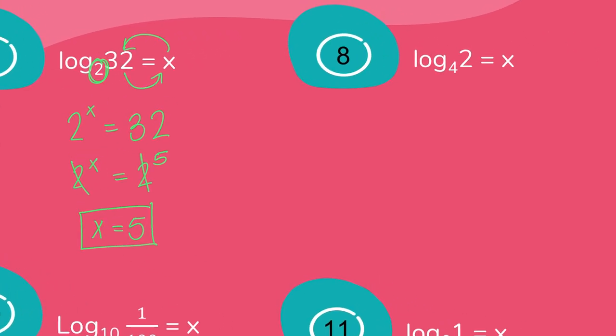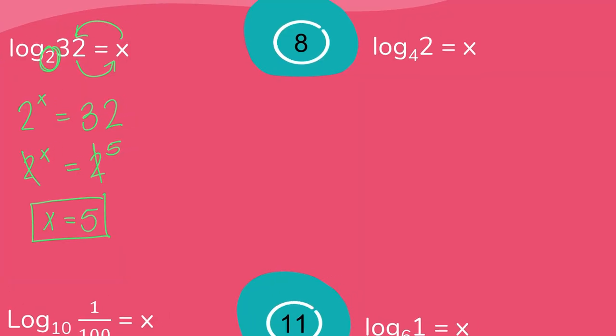Looking at number 8, same thing. I don't want to use log. I'm going to change it to exponential, okay? Changing it to an exponential equation. So taking that base, switching these two orders, I'm going to have 4 to the power of x equals 2. Have to try and get the same base. So in this case, I'm going to change this base to 2.